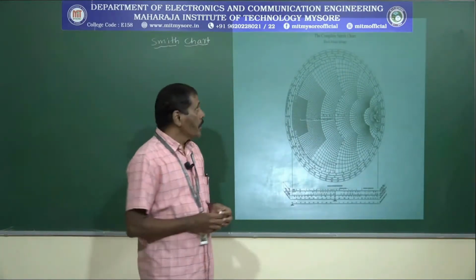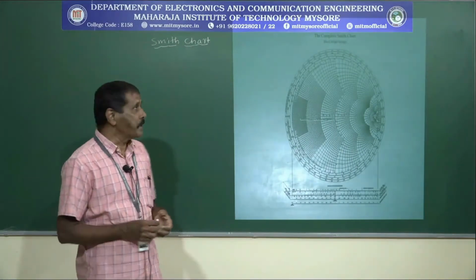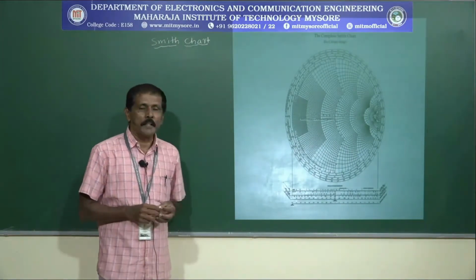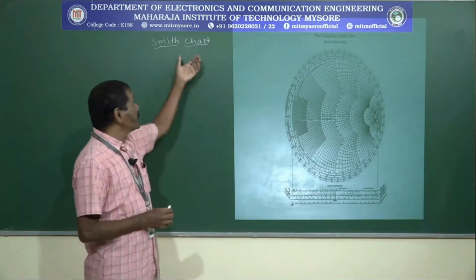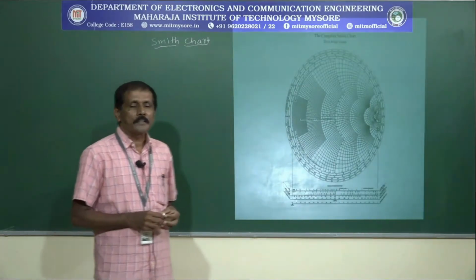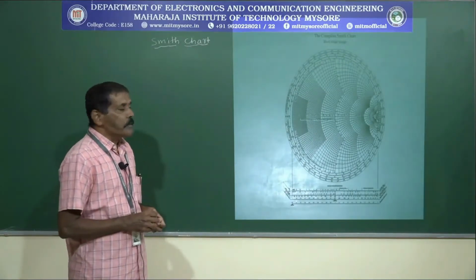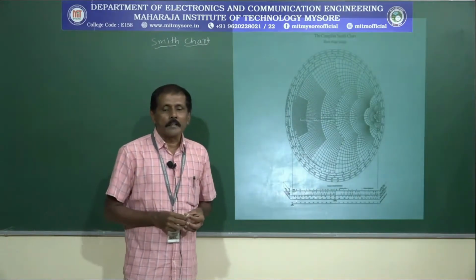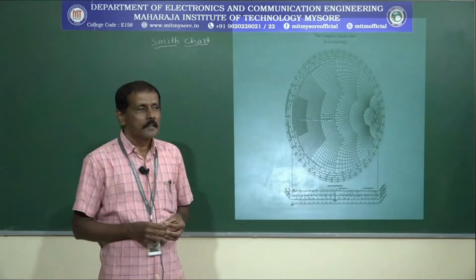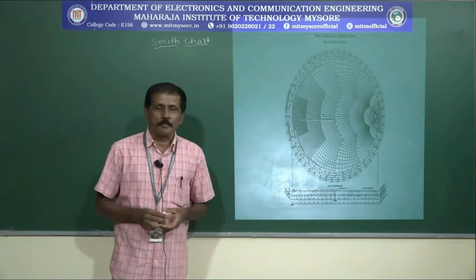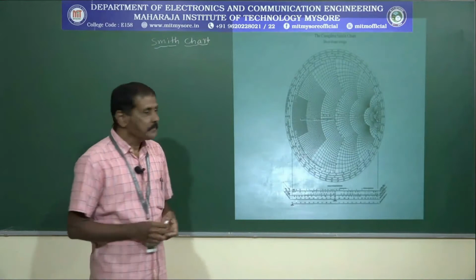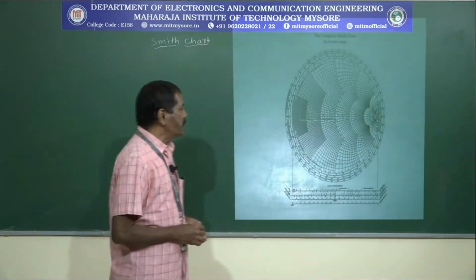So, instead of using the analytical method, we are using the graphical method, and in the graphical method the Smith chart is one of the tools used to determine or calculate the various parameters related to transmission lines. The figure shows the Smith chart.